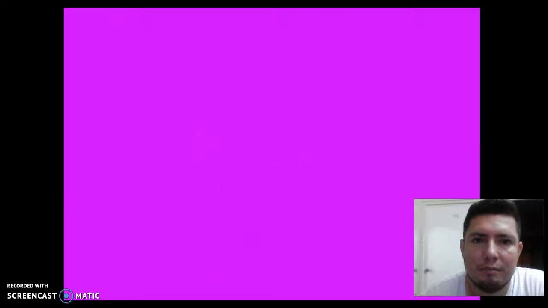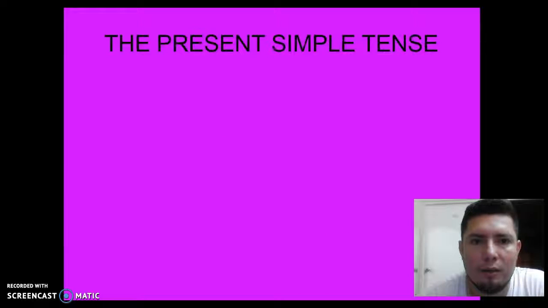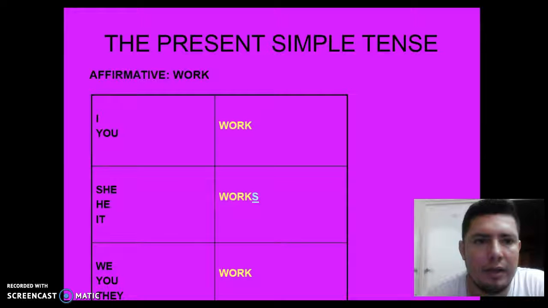the teacher will have a warm up when they present all the theory and grammar structures and some examples about the topic. So in this part, the present simple, the teacher would start with affirmative sentences and explaining the structure.